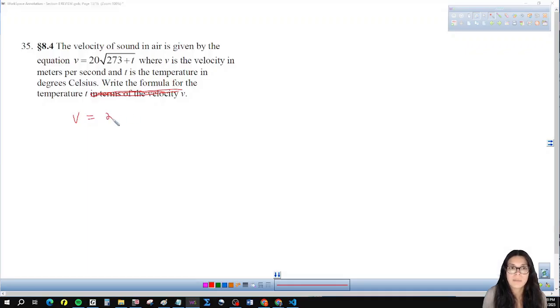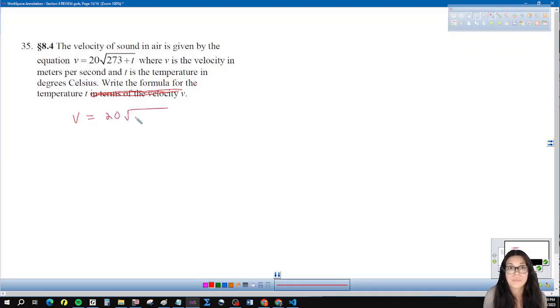So in order to get T by itself, I would need to first get rid of that multiply 20 on the front. So I'm going to divide 20 on both sides first. So that will be V over 20 equals the square root of 273 plus T. Then I have to square both sides.